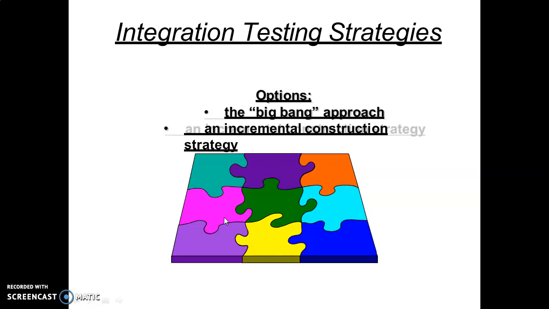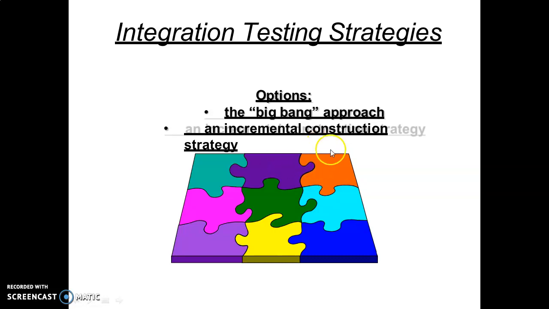Incremental construction strategy means what? Suppose I have module 1, M1, and this is module 2, M2. Once I perform unit testing successfully on M1 and M2, I club these modules M1 and M2 and then I apply the integration testing.